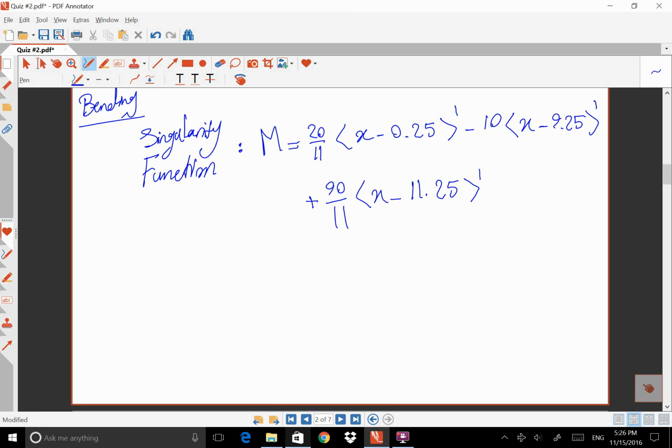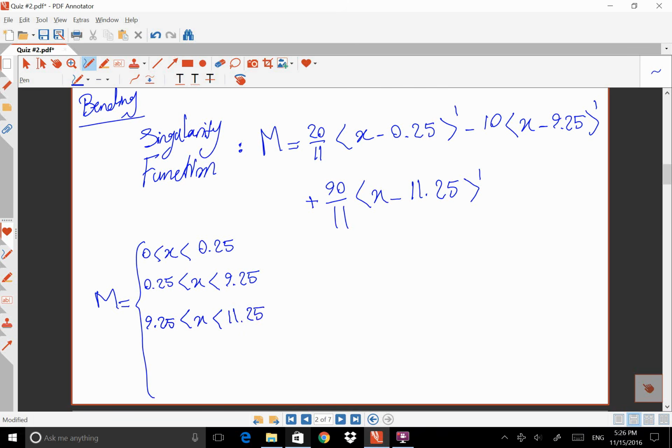What I can do here, which I'm not asked to, but I can do, is write the moment equation as a piecewise function. I can write this equation when x is between 0 and a quarter, when x is between a quarter and 9.25, and when x is between 9.25 and 11.25, this point.